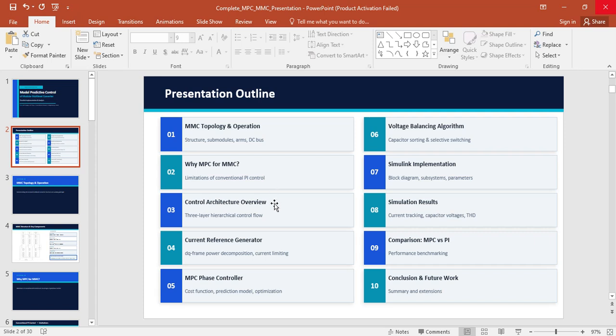I will also discuss in detail the control architecture that I have developed, which is a three-layer hierarchical control flow based on MPC. I'll discuss the current reference generator in MPC, and then we have an MPC phase controller after the current reference generator.